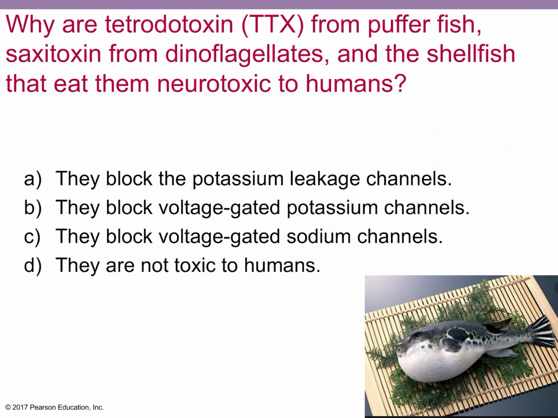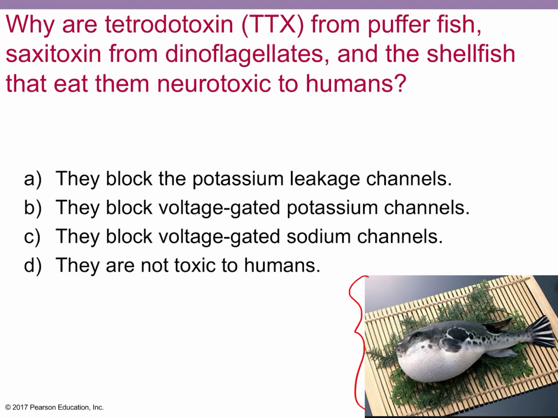This is kind of just a fun one I saw from the textbook. Why are this toxin, tetrodotoxin, I can't say it, from pufferfish, saxitoxin from dinoflagellates, and the shellfish that eat them, neurotoxic to humans? So this is a nice example of, I'm sure you've heard rumors or stories of people eating a certain part of the pufferfish and then just keeling over dead.